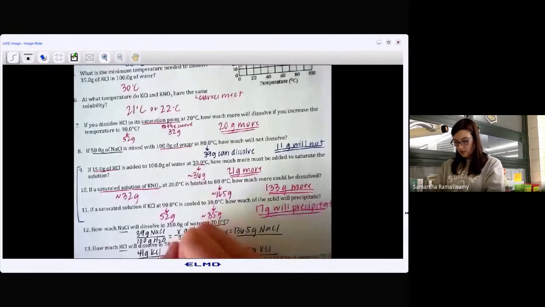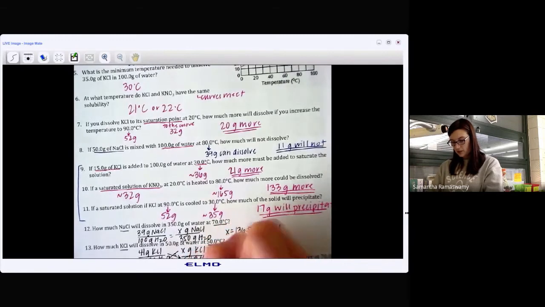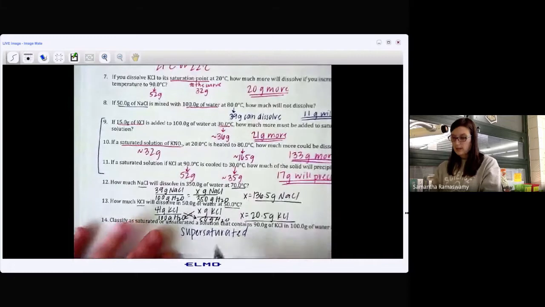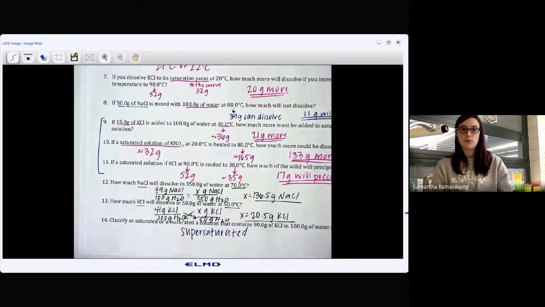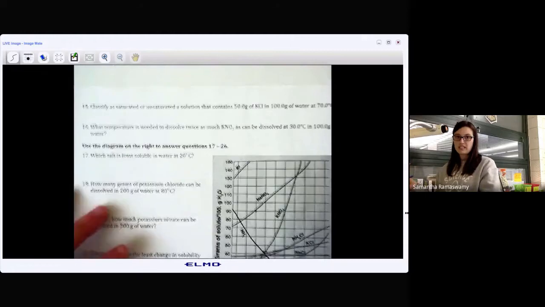So this actually represents a supersaturated solution. If that dot that you drew was under the line, that means you don't have enough solid dissolved, and that's unsaturated. So take a look at 15 and 16.